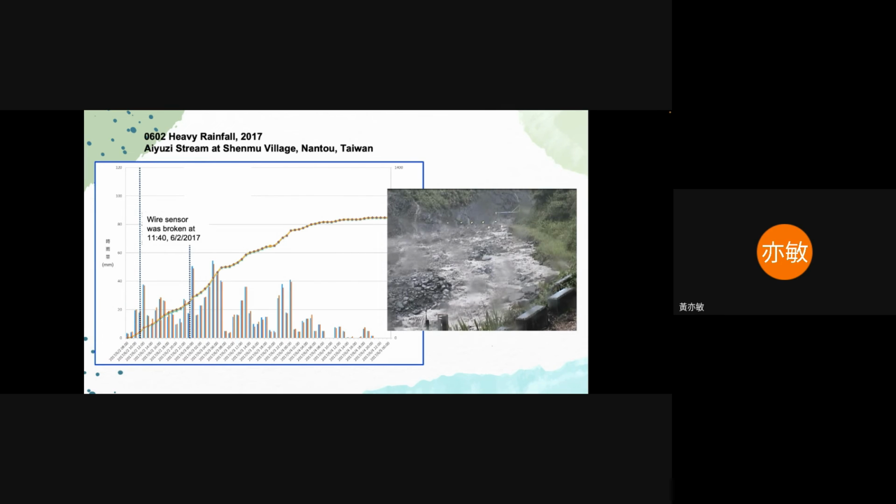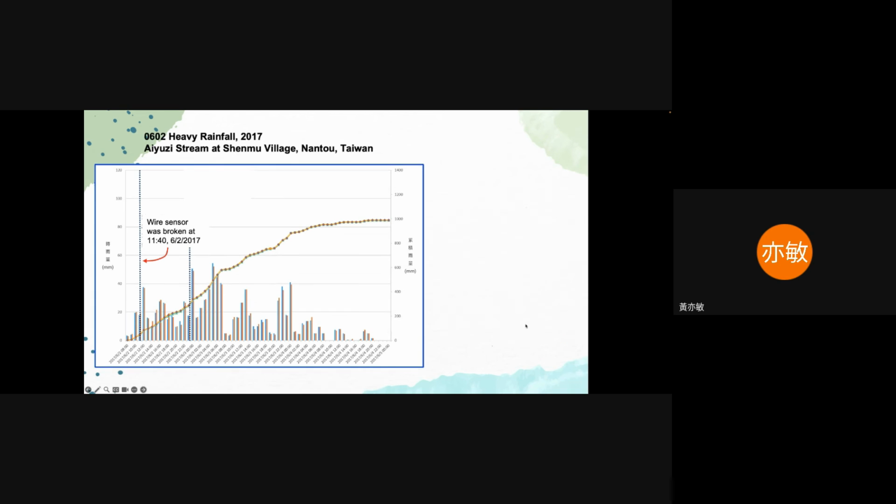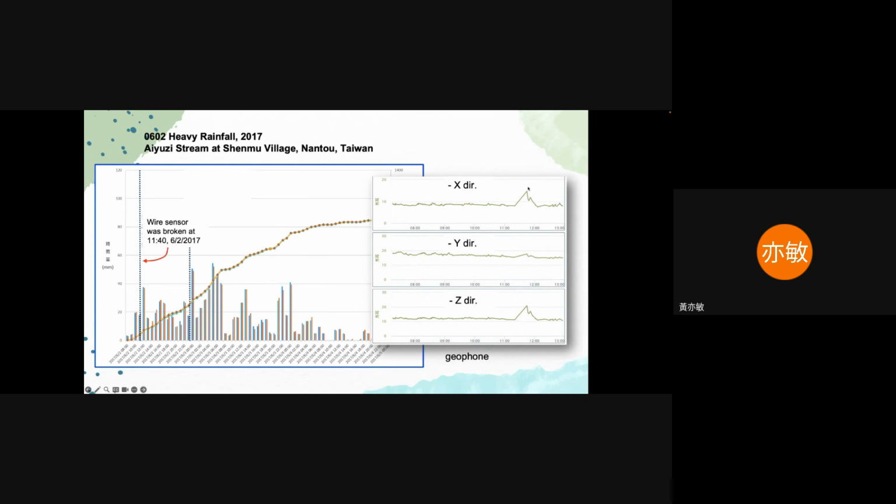Here is the case. We have a major debris flow here, in a video coming through. And we have a wire sensor broken, meaning the debris flow passed through the location of the wire sensors. How about the geophone? We notice that there are peak values right here at different locations. The signal peaks occur whenever the debris flow passes through the sensors.